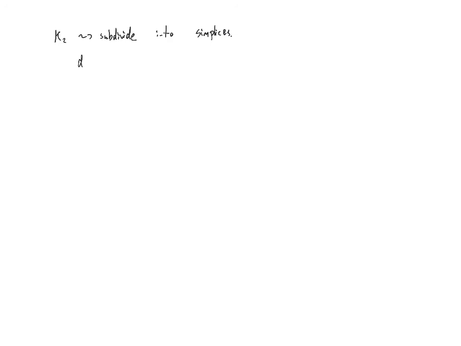So define a new map on K2. Let's call that G, going from K2 over to EK, right? Which is our RK.